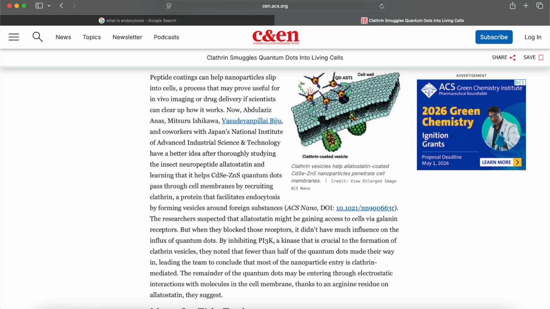The researchers suspected that allostatin might be gaining access to cells via galanin receptors. But when they blocked those receptors, it didn't have much influence on the influx of quantum dots.